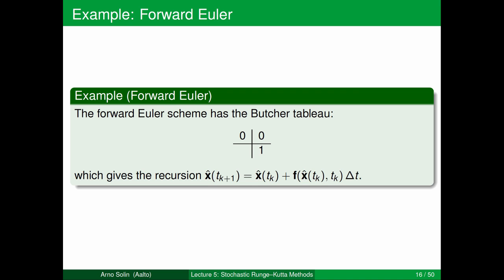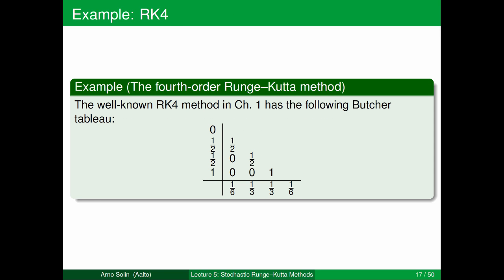The simplest method is the plain old Euler scheme, the so-called forward Euler method, which has a very simple Butcher table. The classical, very well-known fourth-order Runge-Kutta method has a slightly more complicated table. This method is presented also in the introductory part of the course material in a different form, but in this chapter the table formulation will be used.